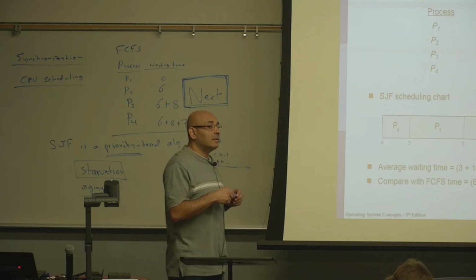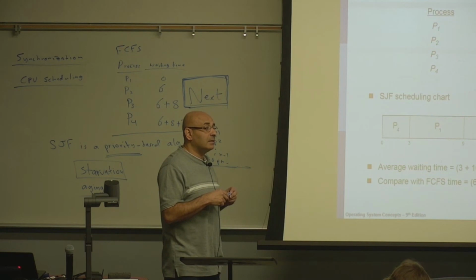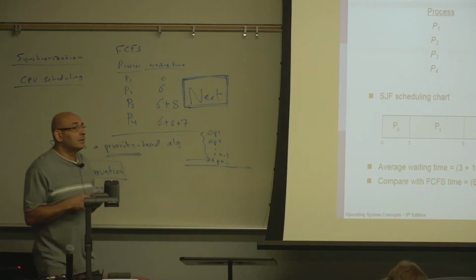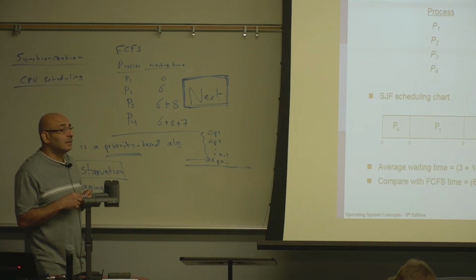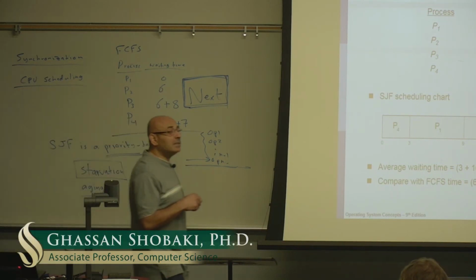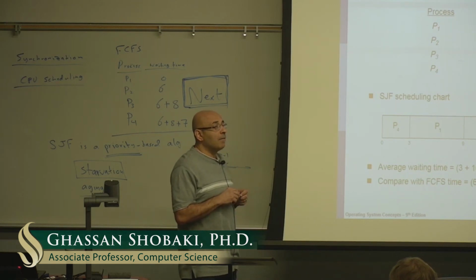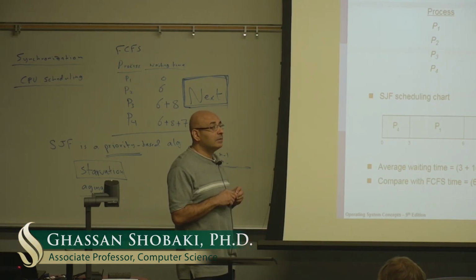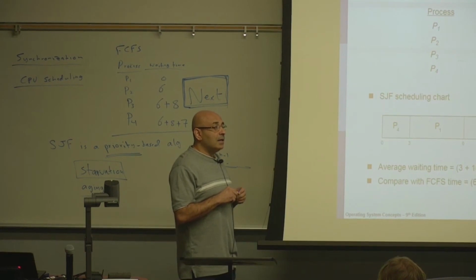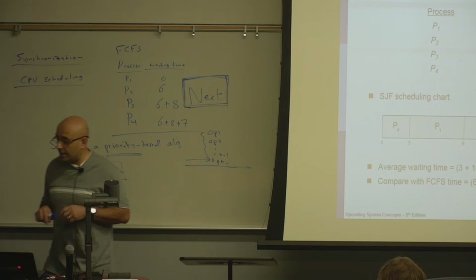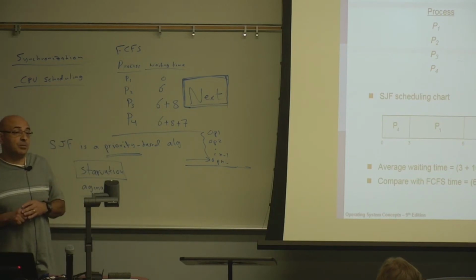Yes? Can't the process have information that will help the OS indicate just how large the burst time might be? Because in memory, processes are represented by PCBs, and PCBs contain information about the process. Yeah, and this is where the operating system keeps track of, say, the length of the last CPU burst.